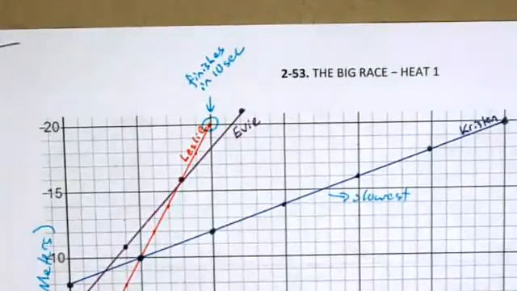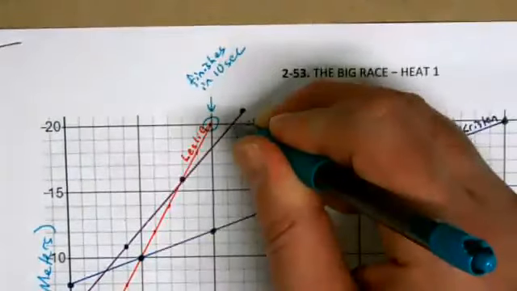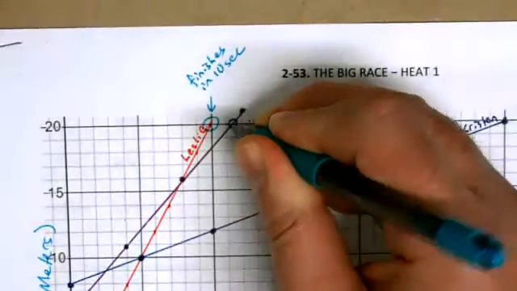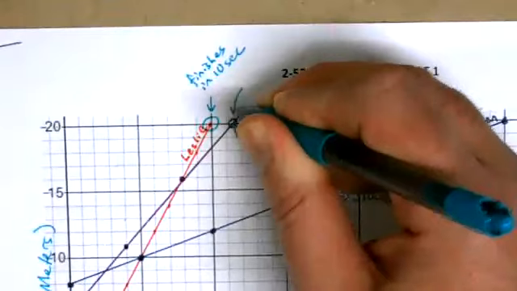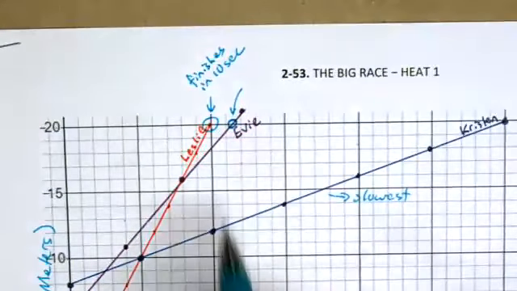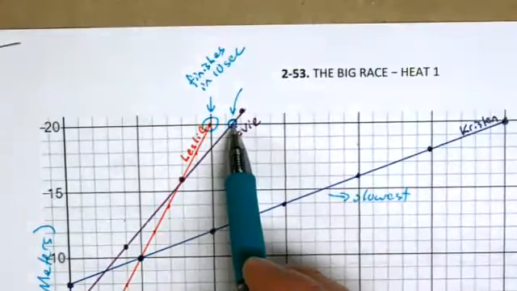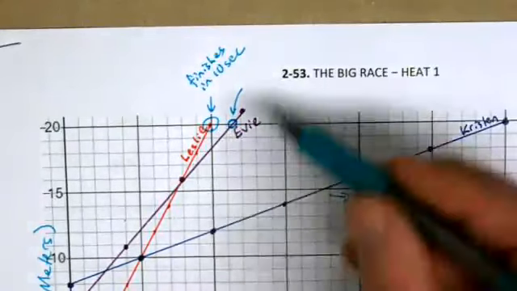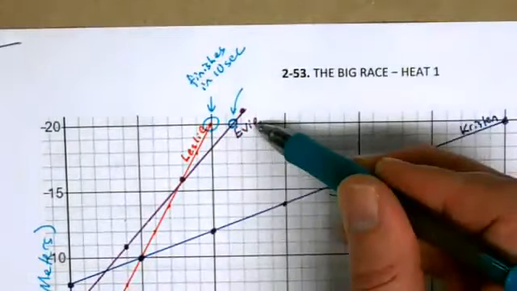When did Evie finish? We got to kind of eyeball this one. 12 seconds. It looks a little bit before 12 to me, right? 13 would be over here. No, she definitely finished before 13.